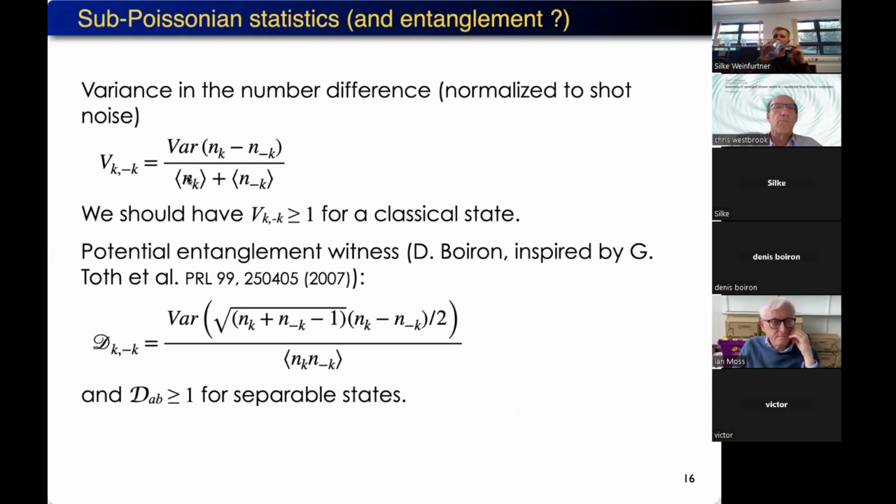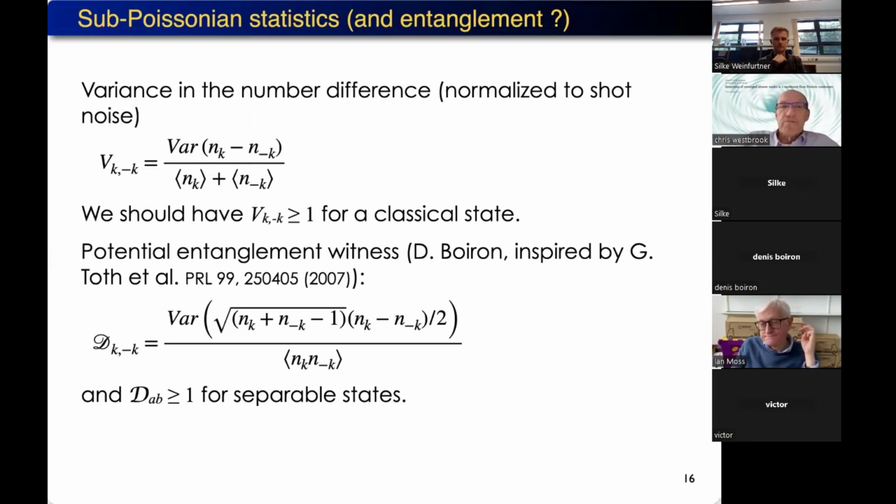To normalize it, I will take this variance and normalize it to the shot noise. And if you normalize it in this way, you would expect this variance to be greater than unity for a classical state. On the other hand, for a two-mode squeezed state, given a perfect detector, you expect this variance, in fact, to vanish, because n_k is always equal to n_{-k} each time you repeat the experiment, even though n_k itself is different on each shot.